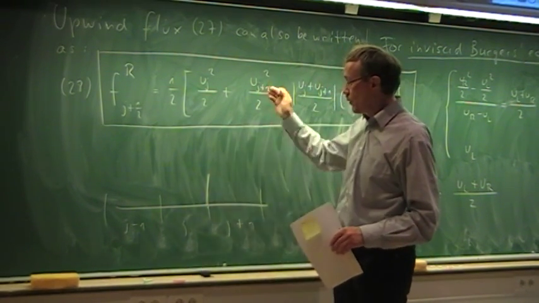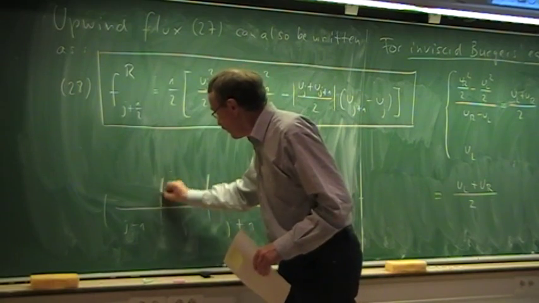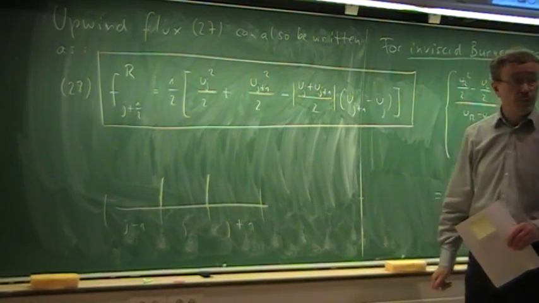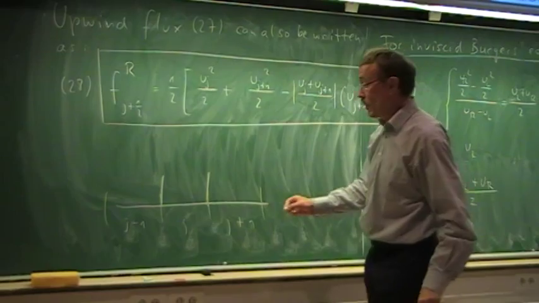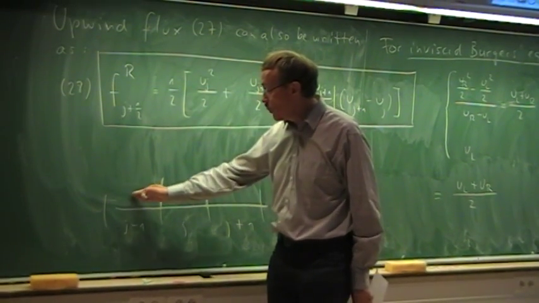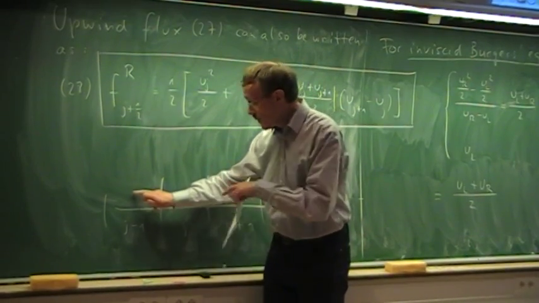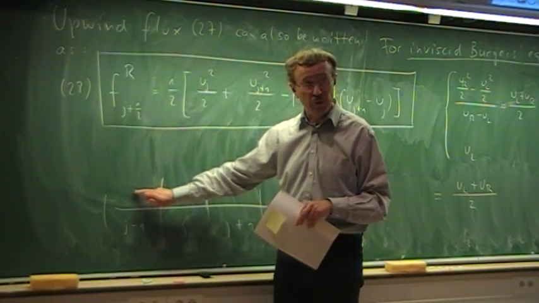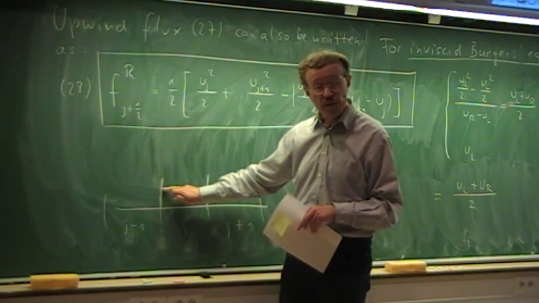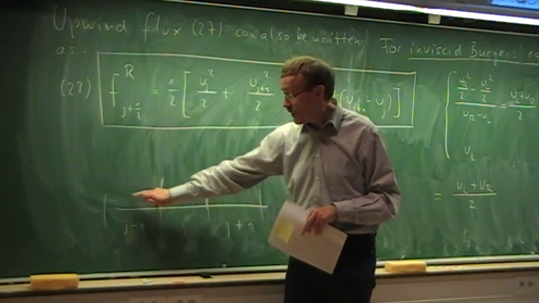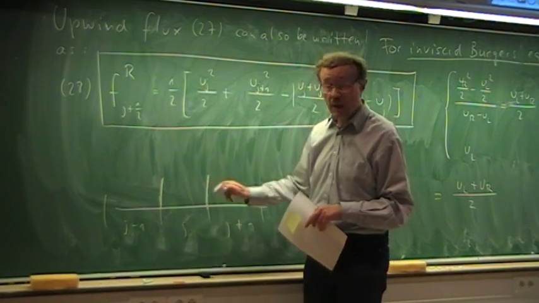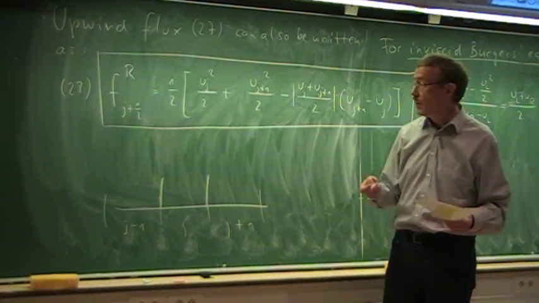You use the formula. But that's not necessary, because if you have already computed this flux, when you compute the flux in this cell, you have it already. So this flux is the plus flux for this cell, and here it becomes the minus flux. So you can use it.